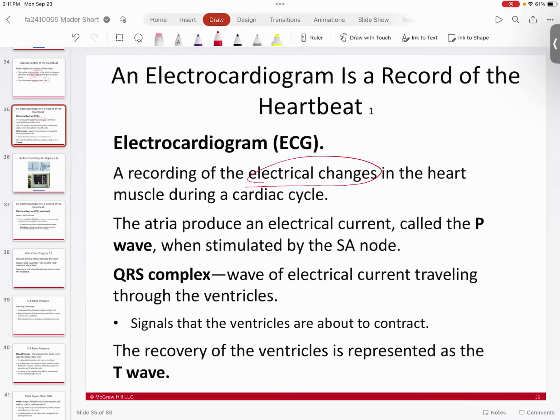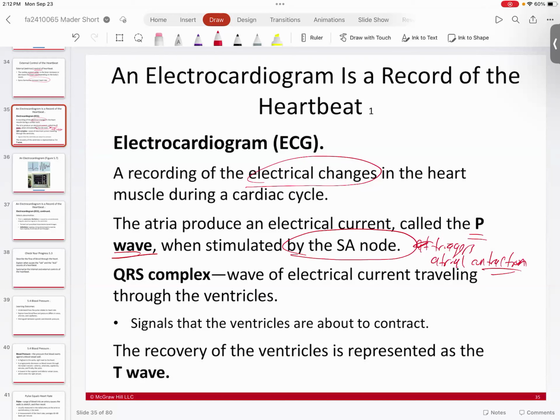For instance, the first wave that we see is what's called the P wave. The P wave is stimulated by the SA node, and this is basically when the atria start to contract, triggers atrial contraction. So that's the first one we see.